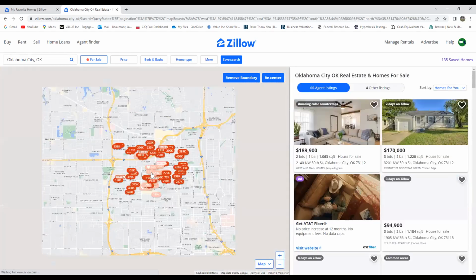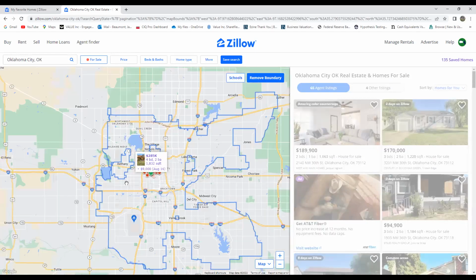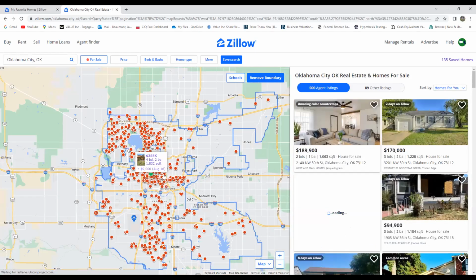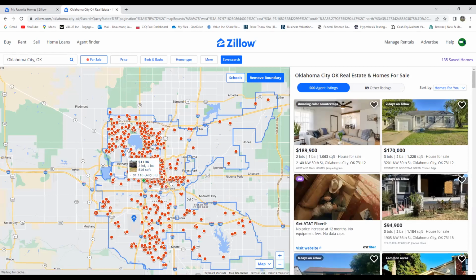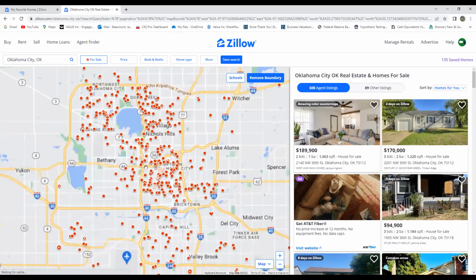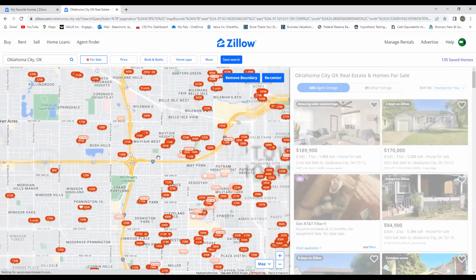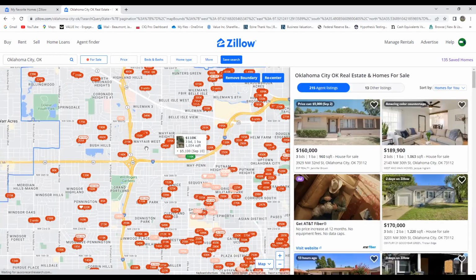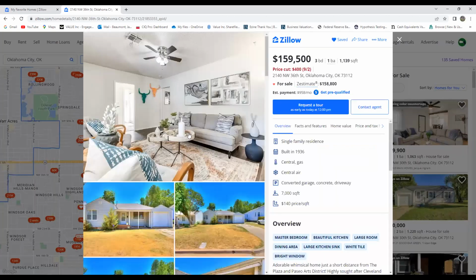Sorry, I didn't even say where we are, but looking at Oklahoma City, just up the road from where I'm recording. Well, not up the road, 2 to 3 hours away, but there's a lot of comps around here that we can look at, but I picked this property here.